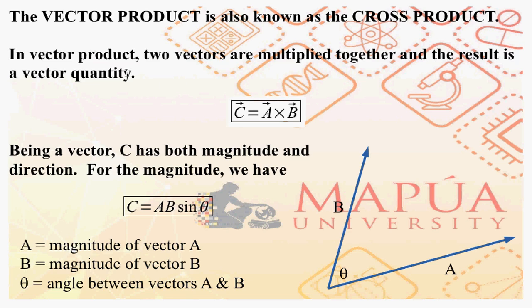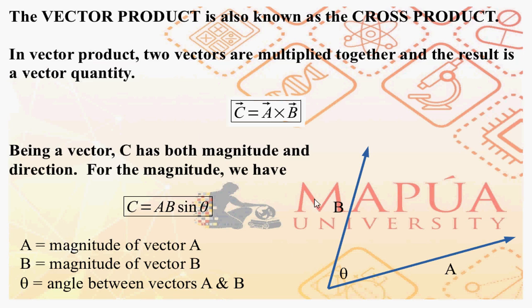In vector product, two vectors are multiplied together, and as mentioned, the result is a vector quantity. So you have vector C is equal to A cross B. You have the vector product.